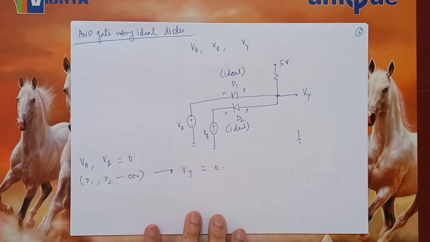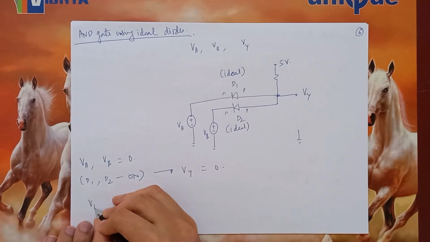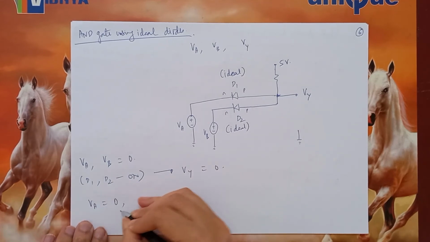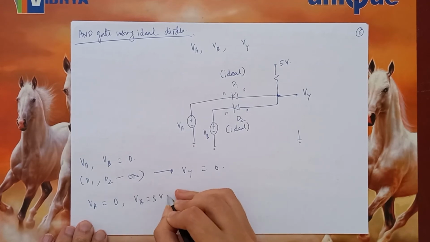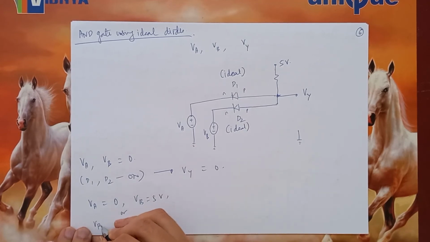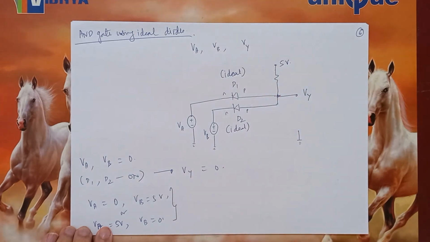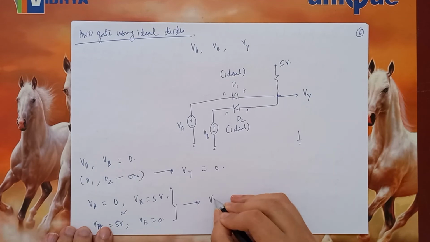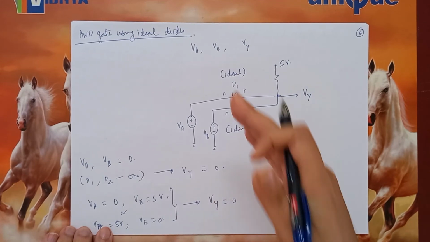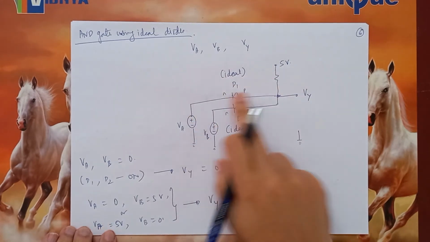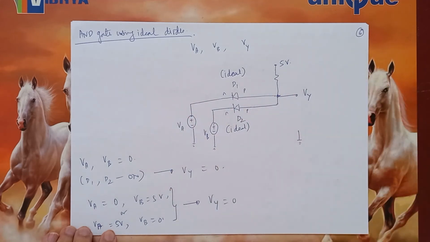So therefore VY will be 0. Now when either VA is 0 and VB is 5 volts, or VA is 5 volts and VB is 0, in either case one diode will always be on, one diode will be off. So therefore again using the similar logic we will get VY is 0, because the moment a diode becomes off it will have 0 potential, and that is what will come across.